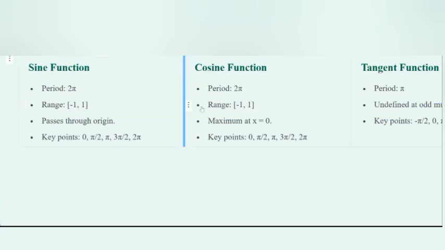So now we move on to the cos function. The cos function is almost similar to the sine function, except that there are a few variations here, right? And then we go, and then we come back, and then we are here now, right?